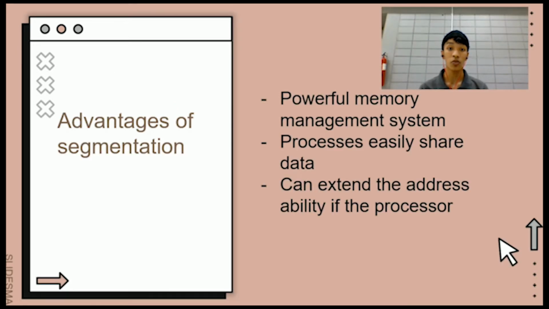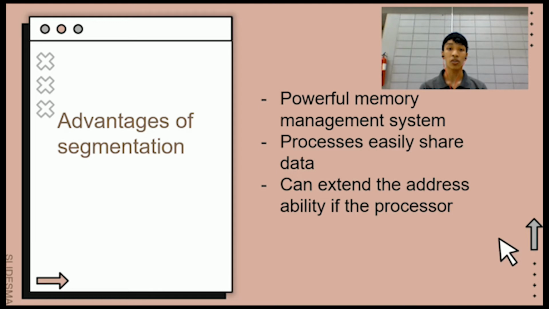Okay, so now maybe you are wondering why we must use segmentation in memory management. To answer it simply, segmentation is used because of several useful advantages. Firstly, it provides a powerful memory management mechanism. Next, it allows processors to easily share data.